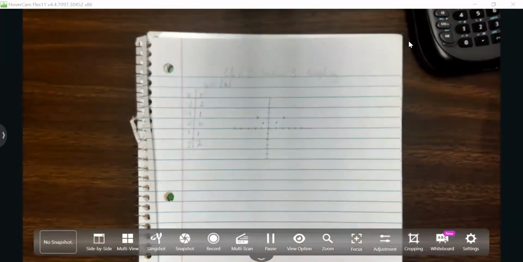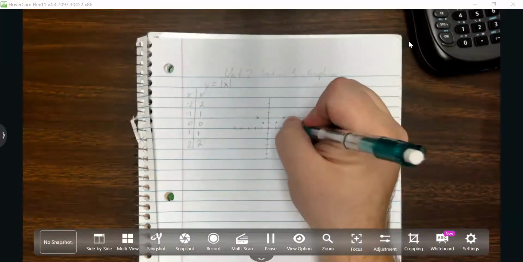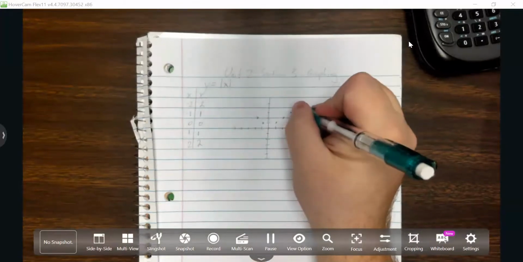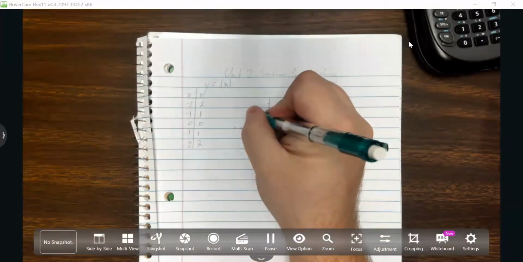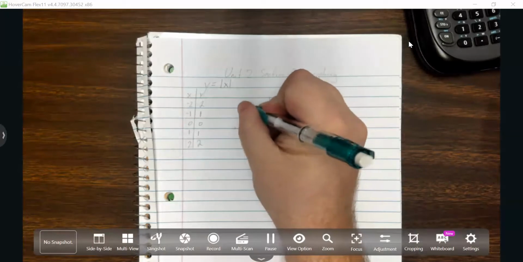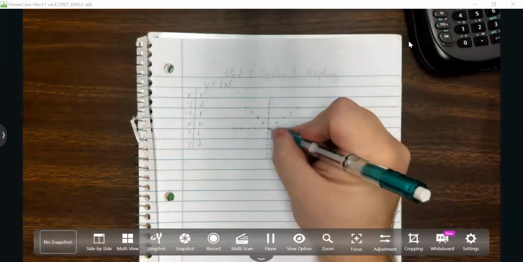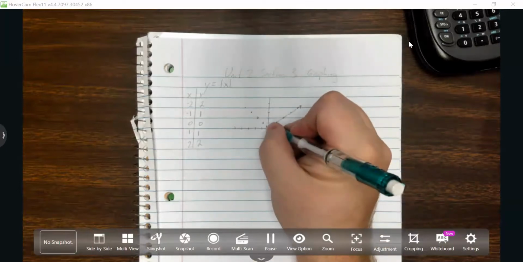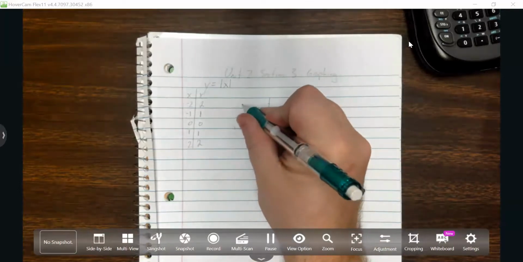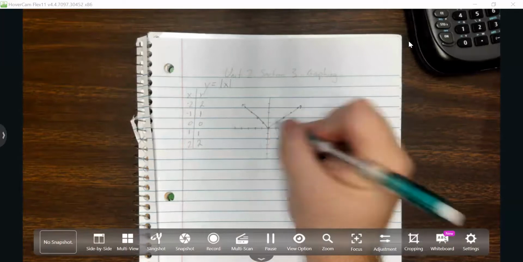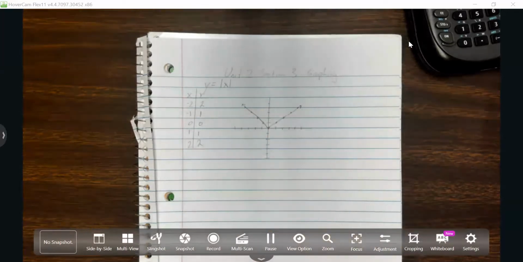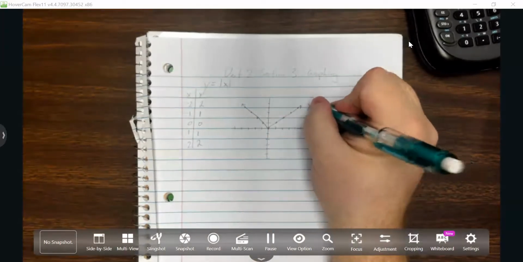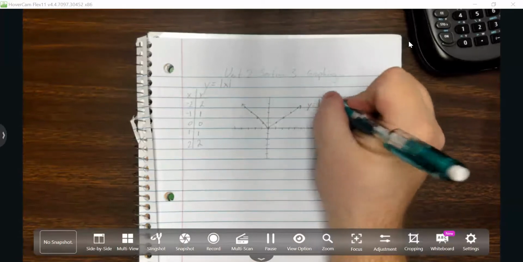So this is actually going to be our basic graph. If we were to continue out, we'd end up at 3, 3, 4, 4, -3, 3, -4, 4, and we get this very clean V shape. Comes to a nice firm point right there at the origin. So this is our new parent graph, y equals absolute value of x.